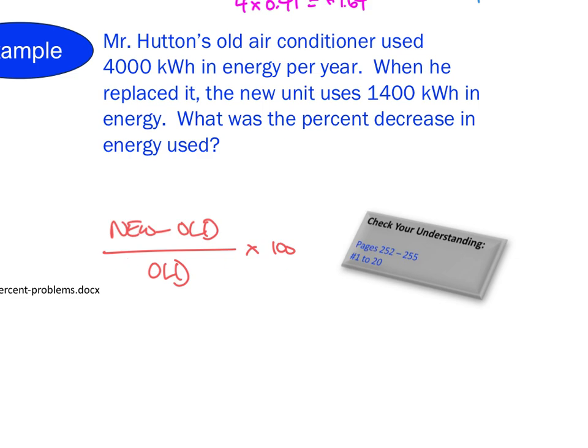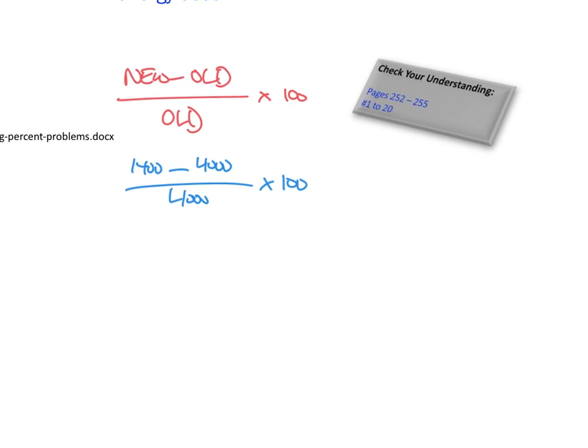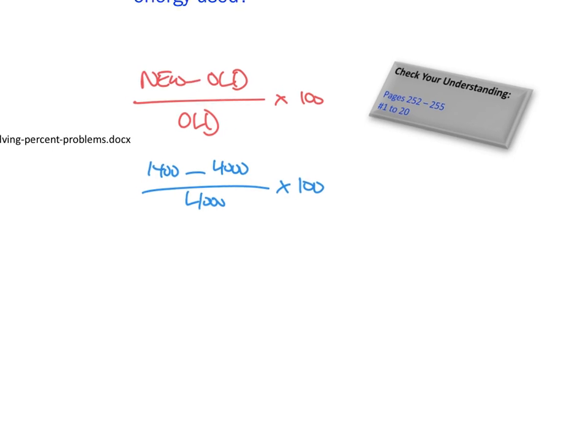So that's going to be 1,400 minus 4,000, divided by 4,000, times 100. So 14 minus 40 is minus 2,600. Because it's negative, that's telling us it's a decrease, it's going down, and that's fine.